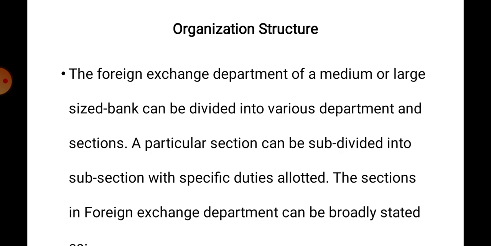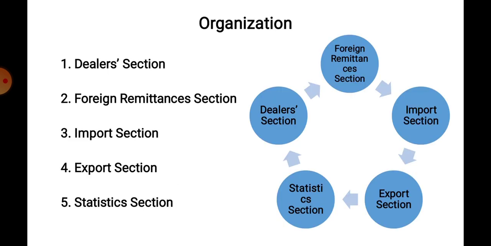The foreign exchange department is divided into a number of sections. A particular section can be subdivided into subsections with specific duties allotted. The sections in the foreign exchange department can be broadly stated as: first, dealers section; second, foreign remittances section; third, import section; fourth, export section; last, statistics section.